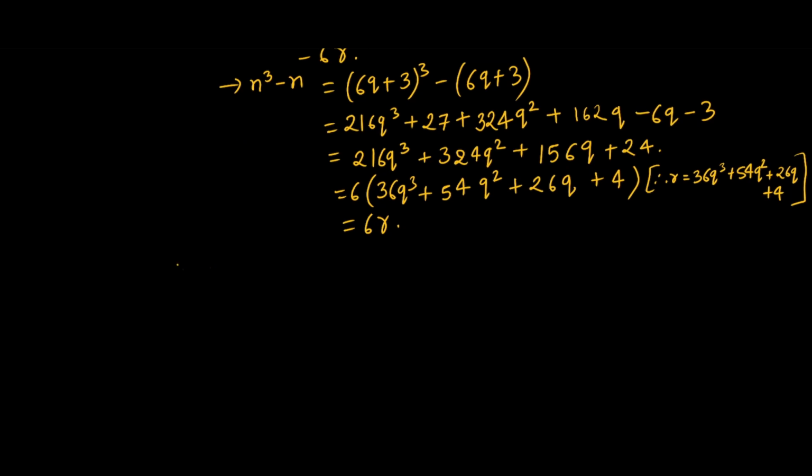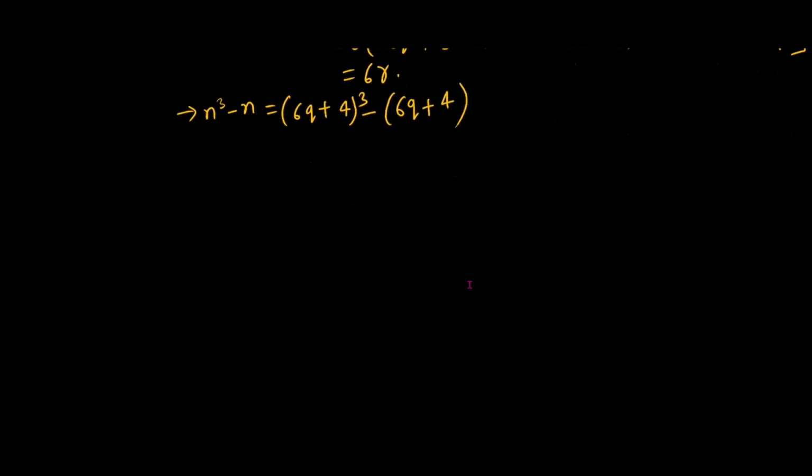So we will take n cube minus n is equals to 6q plus 4 whole cube minus 6q plus 4. So we will get 216 q cube plus 64 plus 3a square b.